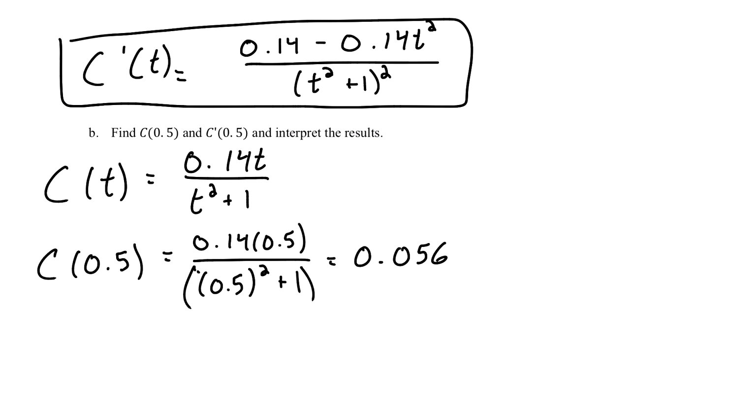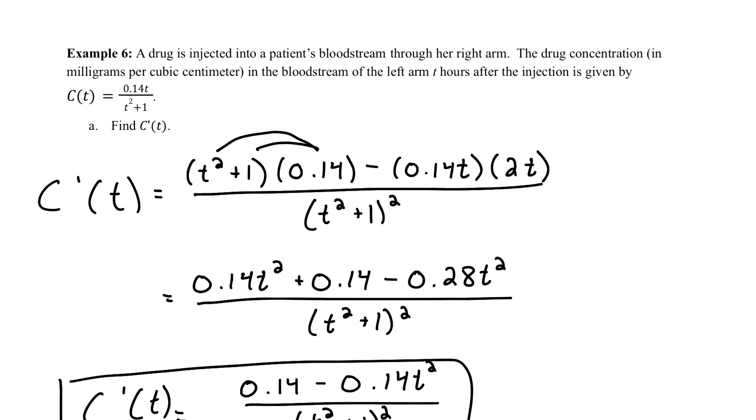So I also want to be able to talk about what this means within the context of my problem. So t, first of all, that was 0.5. If we scroll back up and look at our problem, t represented the number of hours after the injection. So 0.5, that would be a half an hour after the injection.